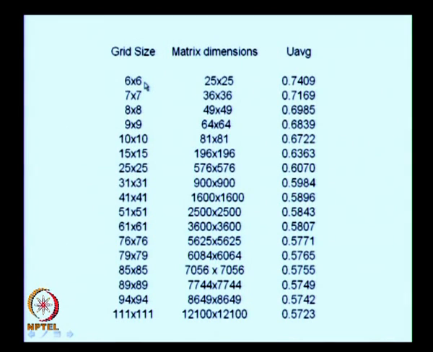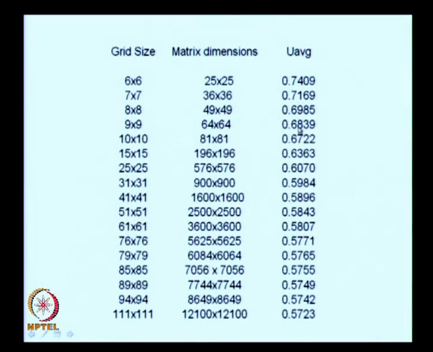get a converged solution. And once we have the converged solution, we can find out the average velocity by taking an average of all the values, and that average value is what is put here in this column. And we can see that for a 6 by 6 grid size we have an average velocity of 0.7409.